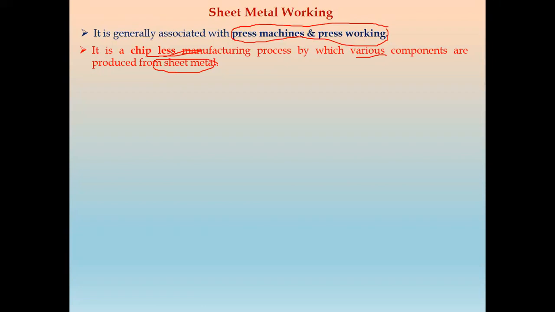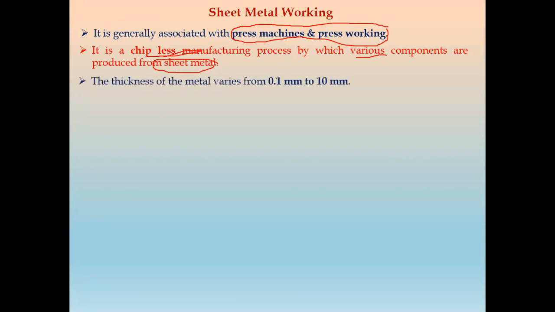That is, we remove some material, and the method by which we remove the chips is known as the machining method. Now in this sheet metal working, there is no chip formation, and we can produce the various components from the sheet metals.